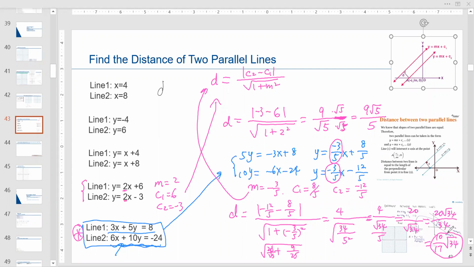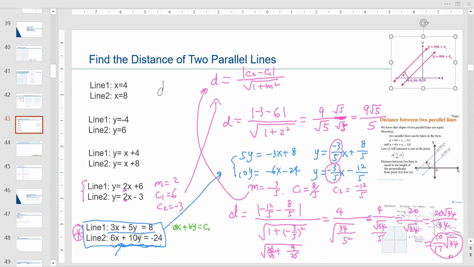All right, let's look at a more popular kind of formula if we meet this situation. Sometimes the lines are written this way. Let me save this screen before I erase some part. If you keep this in mind, sometimes they express it like ax plus by equals c, this is c1.